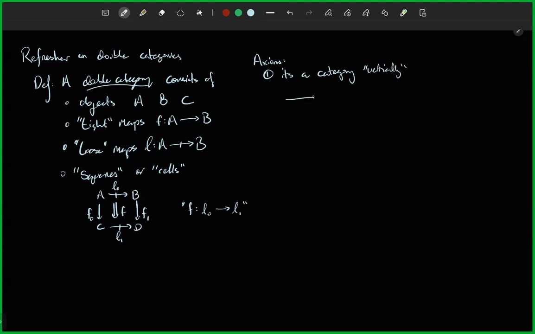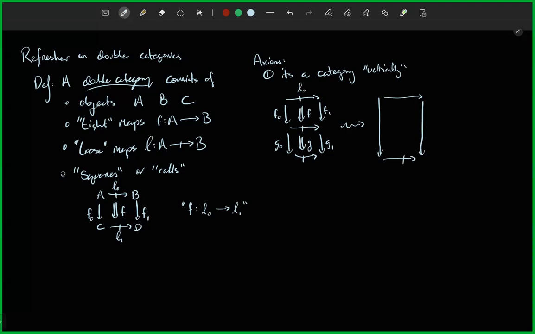What that means is if I have a square like this and a square like this, with F0, F1, G0, G1, I get a square like this, between L0, L1, L2, which I would write F over G. That's not a fraction.